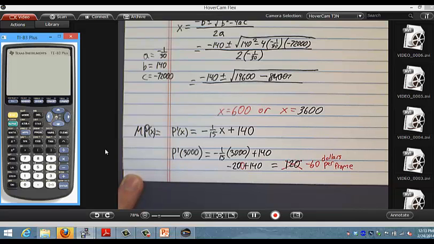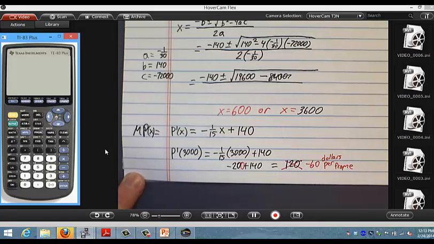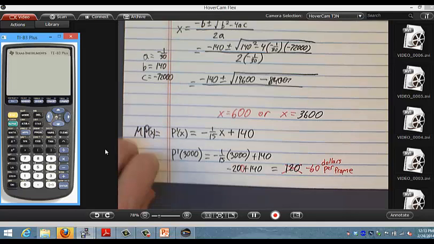My profit is decreasing. Matter of fact, if you recognize this in your business, what do you think you would tell the people at the plant? Maybe we should decrease production, right? Definitely don't increase it. Do you guys follow? So this is what marginal costs are all about.